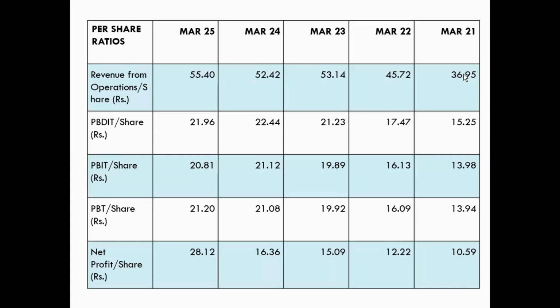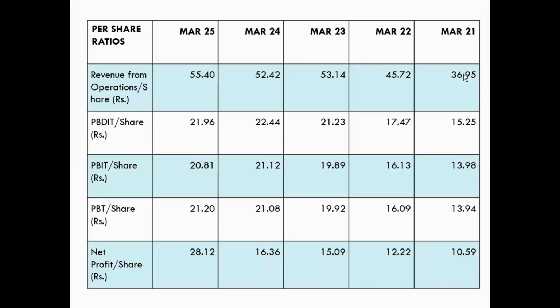PBDIT per share or EBDIT per share is 21.96, 22.44, 21.33, 17.47, 15.24. PBIT per share is 20.81, 21.12, 19.86, 16.13, and 13.93.